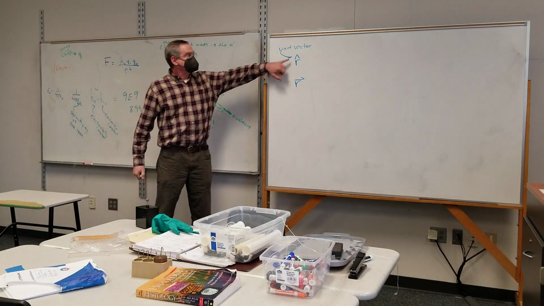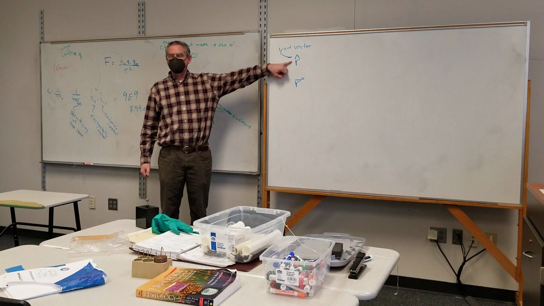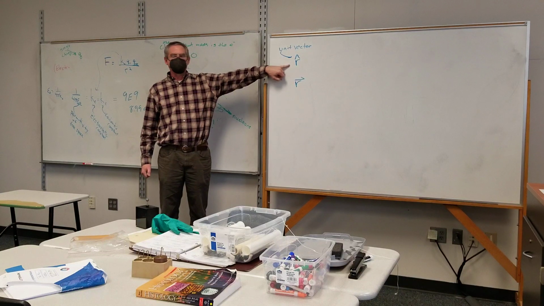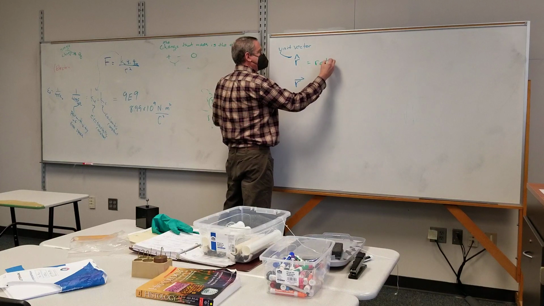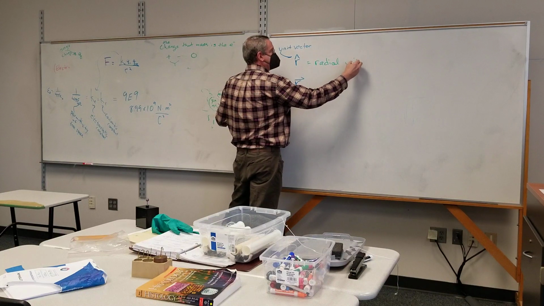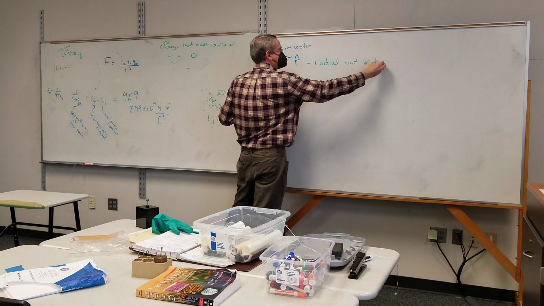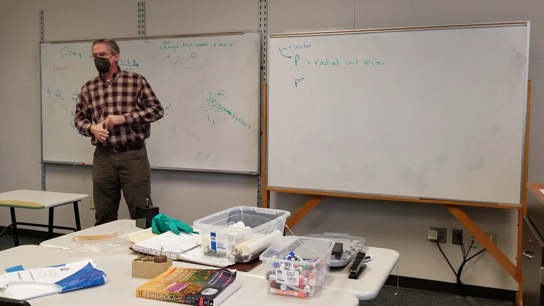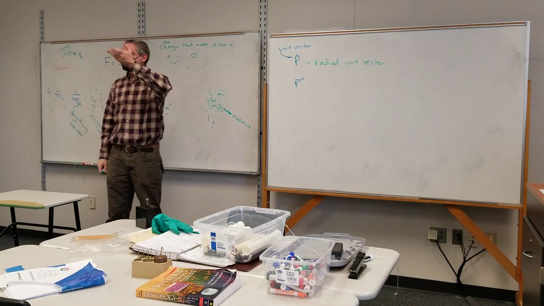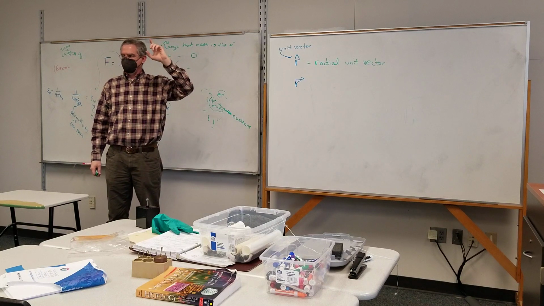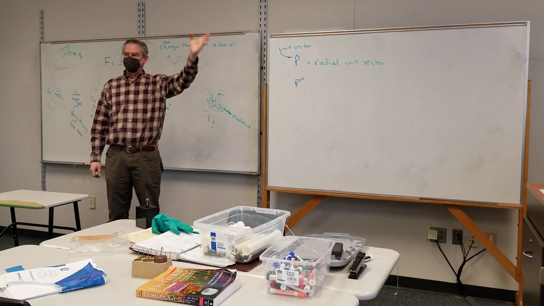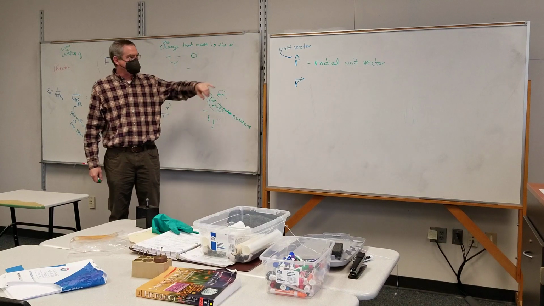All right, so the hat is indicating a unit vector, it is there for direction. This is a radial unit vector. Now, unlike with I hat, J hat, or potentially X hat, Y hat, where you indicate which the direction is, you say I hat's to the right, or up, or down, or whatever direction makes sense.